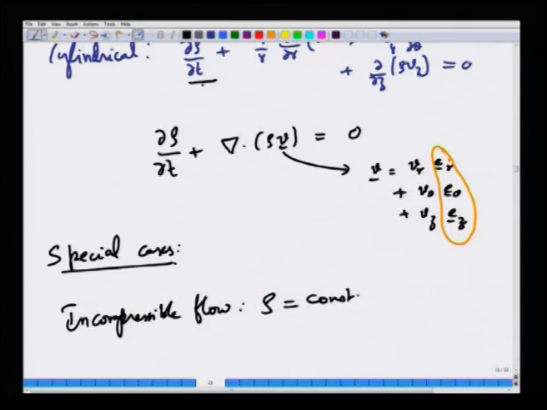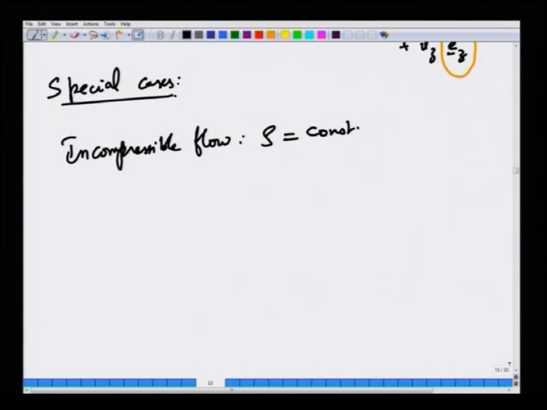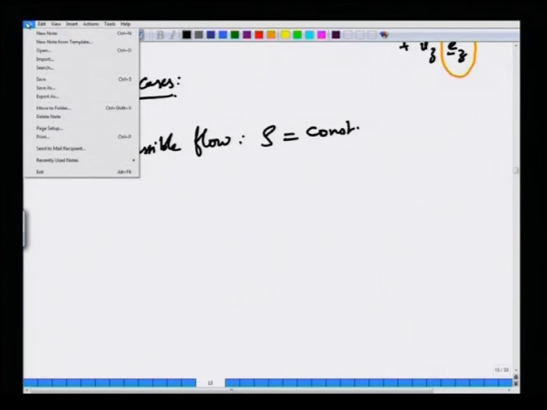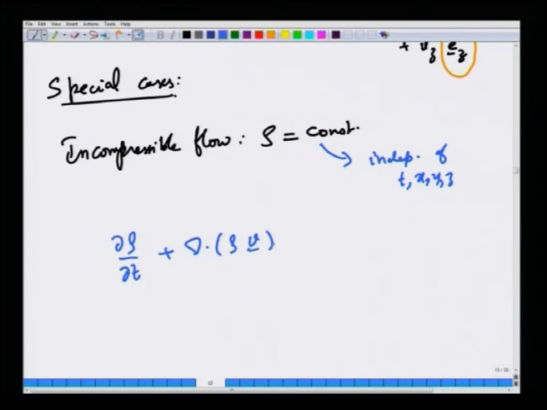We will of course derive a criterion as to when the flow can be considered incompressible shortly, but right now, we will just write down the simplified continuity equation for an incompressible flow. Rho is a constant, meaning it is independent of x, y, z and time. So, d rho dt plus del dot rho v is 0.